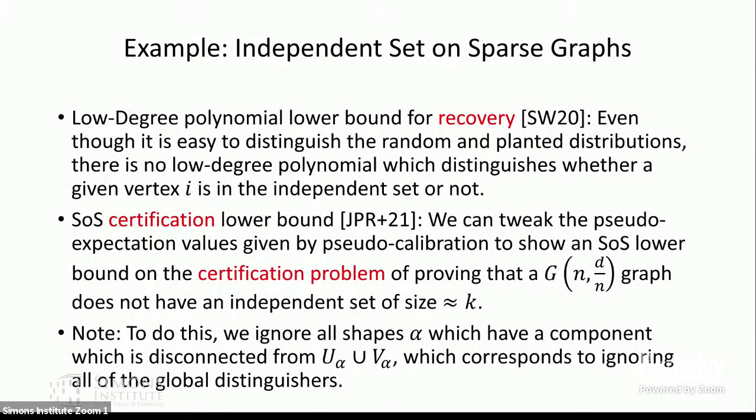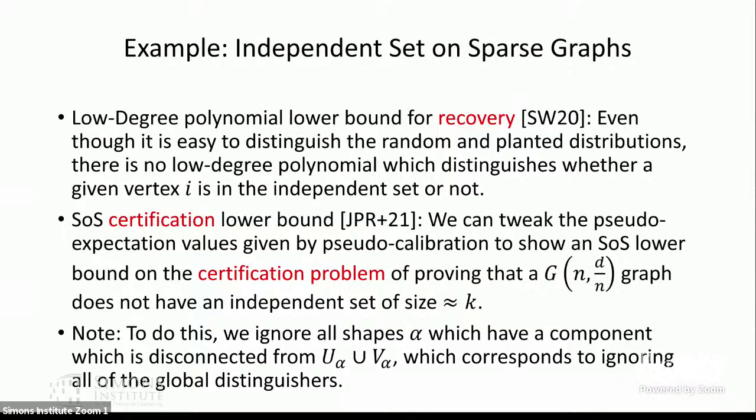So for low degree polynomials, Salil and Alex recently got around this by showing a lower bound for the recovery problem. They showed that even though there are these global distinguishers, if you look at a given vertex i, there's no low degree polynomial which distinguishes whether i is in the independent set or not.